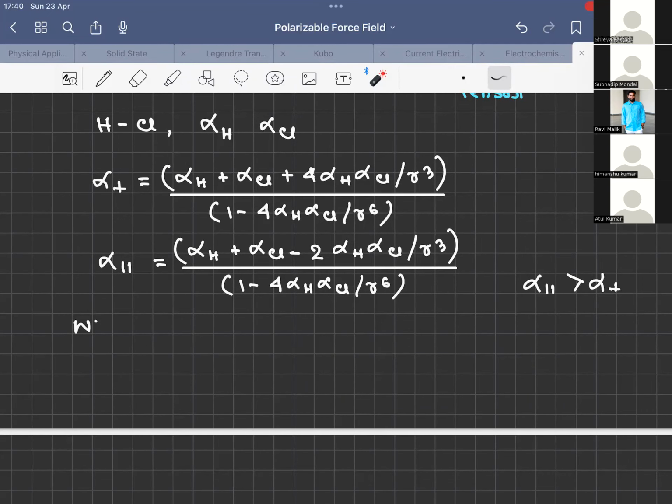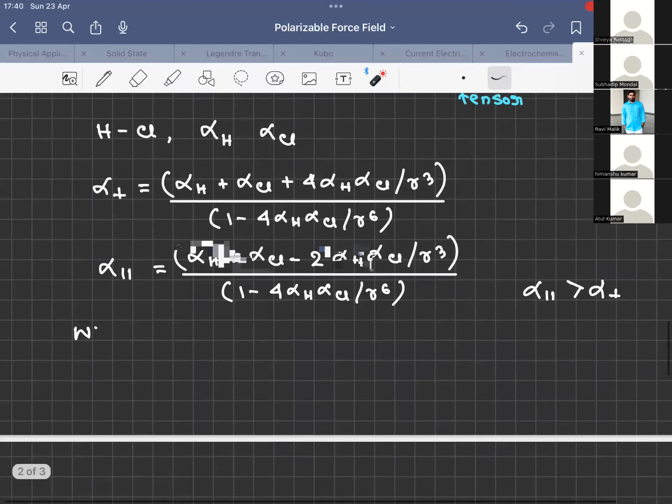In a similar way, you can transform this whole matrix into another frame of reference by using Q transpose, Q inverse, like a similarity transformation. From this kind of transformation, you can arrive at alpha perpendicular, meaning what is the component along the perpendicular basis and what is the component along the parallel basis of that bond, I think.